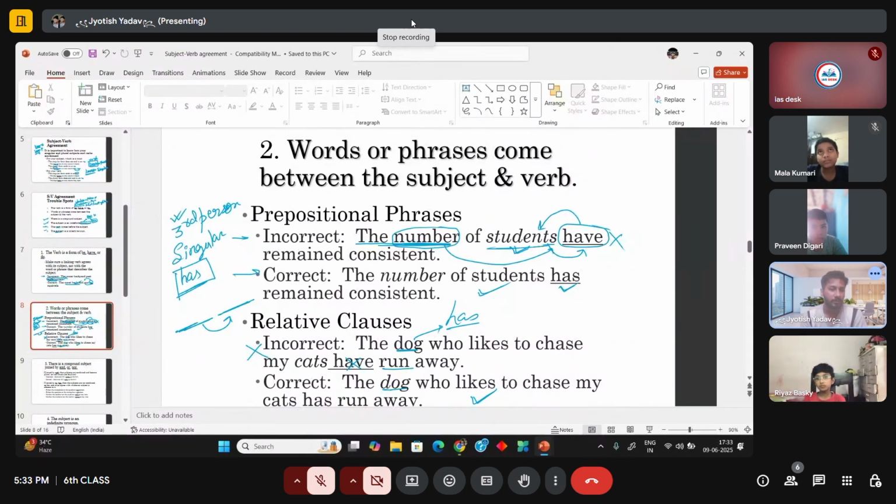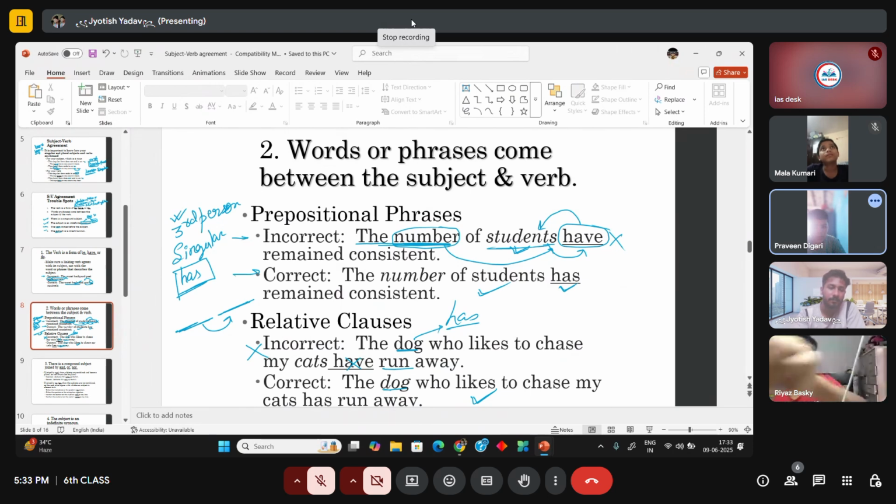That is the relative clause. Sir, adjective clause? Yes, it acts as an adjective for the previous sentence. You know what an adjective is? Yes, sir. So just like the same. Are you getting my point? Any problem? No, sir.